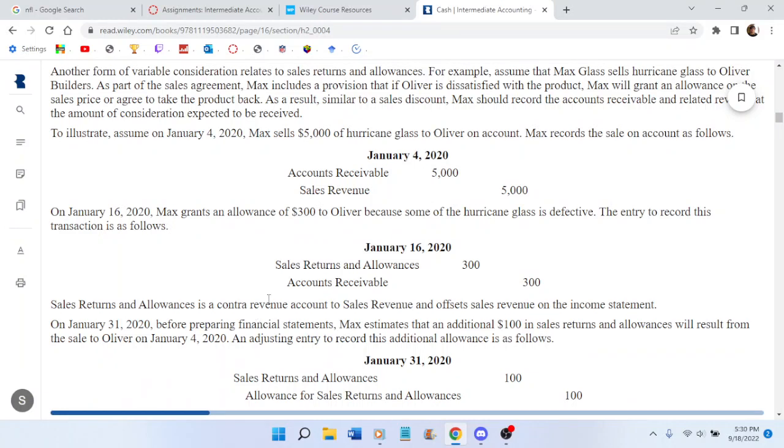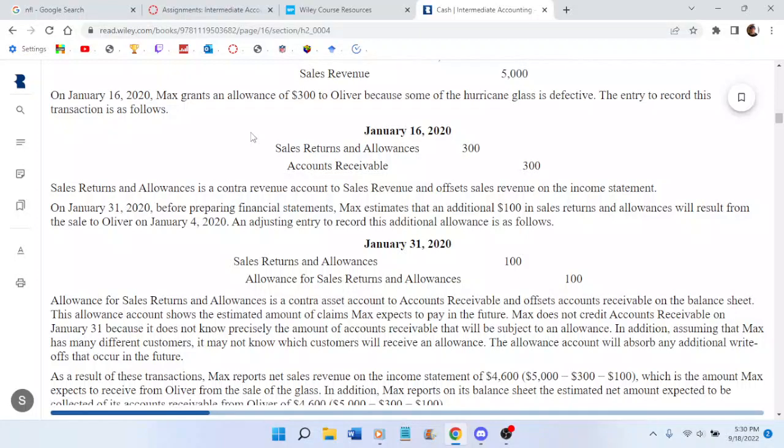Yes, contra revenue account. That's the word I was looking for earlier. It's a contra revenue account because it decreases the revenue. There. What? What on earth?